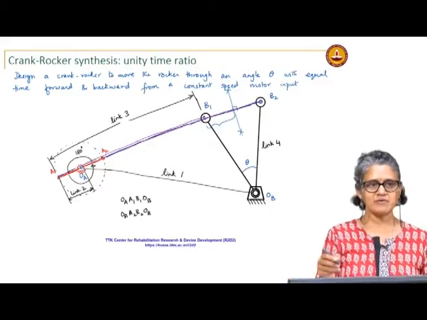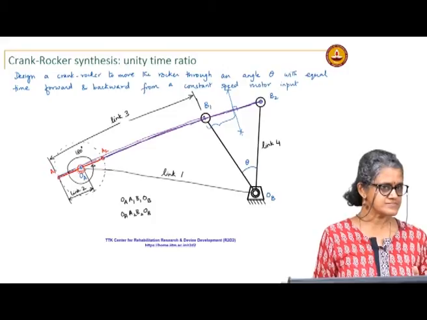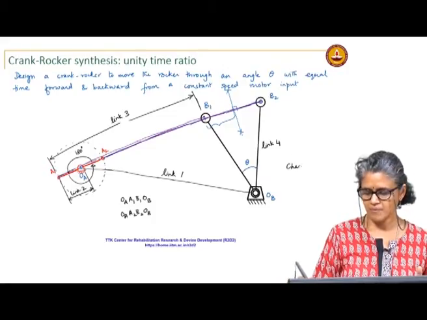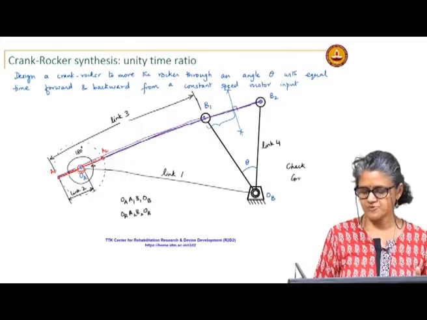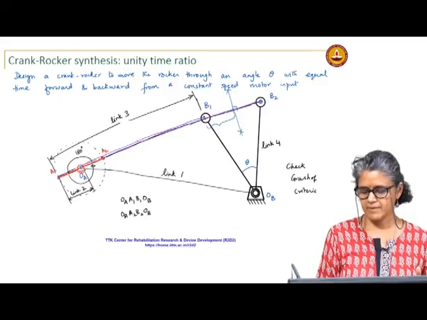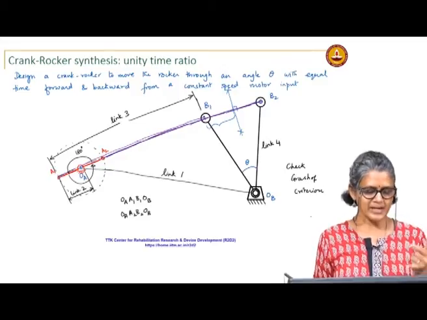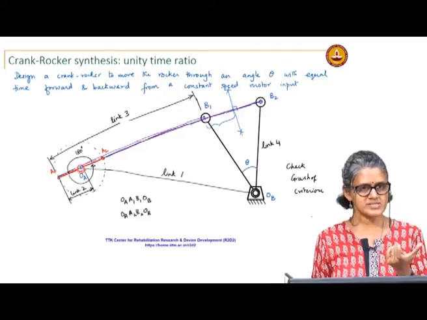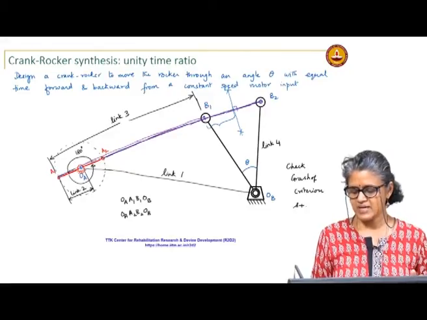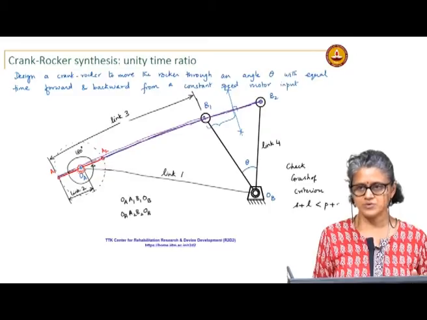So now I have my 4 link lengths. So I have to check the Grashof criterion. I have to ensure that L2 is the shortest link and S plus L is less than P plus Q.